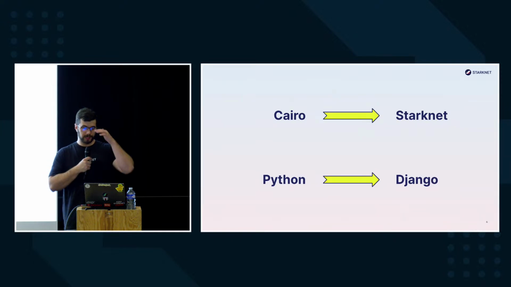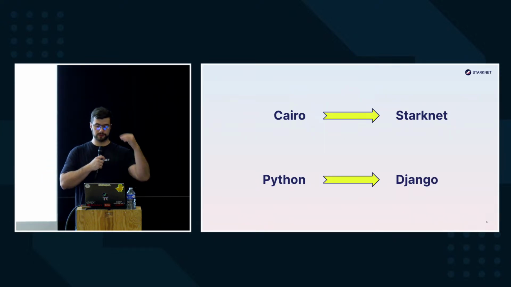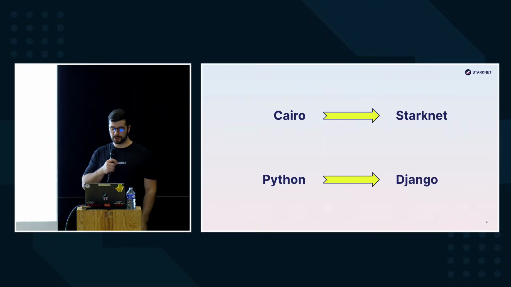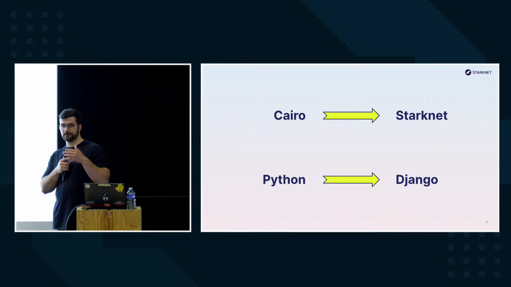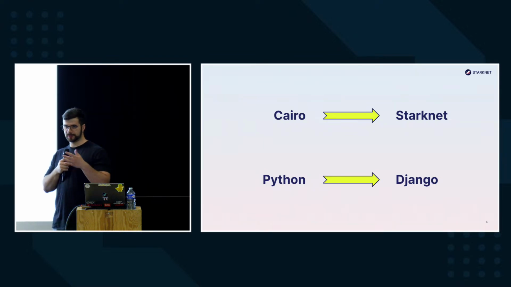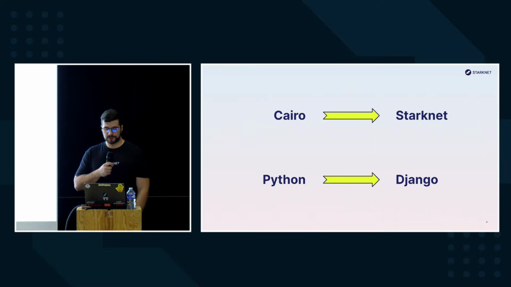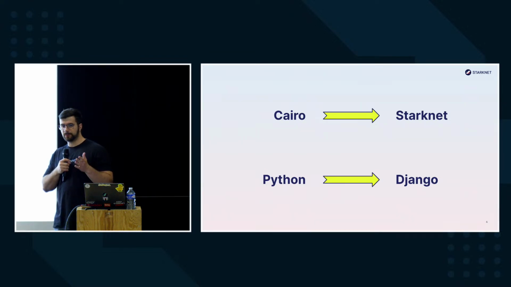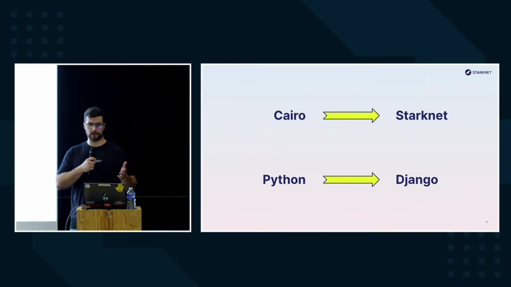Now, just to give you an analogy of how Cairo relates to Starknet, you have to think about Python, which is basically a general programming language that allows you to create programs and scripts for data analytics and so on. And Django is basically a set of specialized libraries for Python that allows you to create dynamic websites.